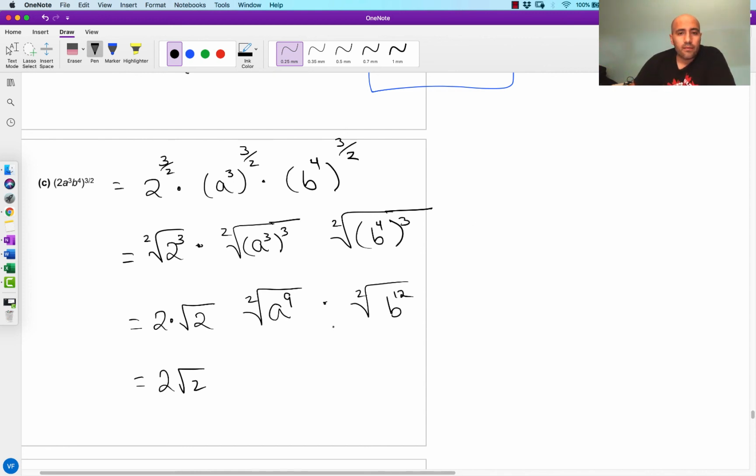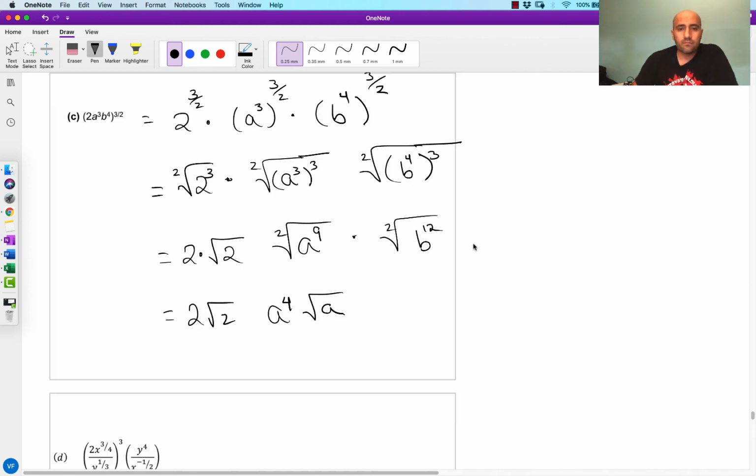And then this is going to be equal to, well, we can pull out a bunch of a's. We can pull out a to the power of 4. We can pull out 4 copies of a, and there's still one more a inside there. So it'll be the square root of a. And so this becomes b to the power of 6, right? Because we can pull out 6 little groups of b, paired up by this little 2. Good.